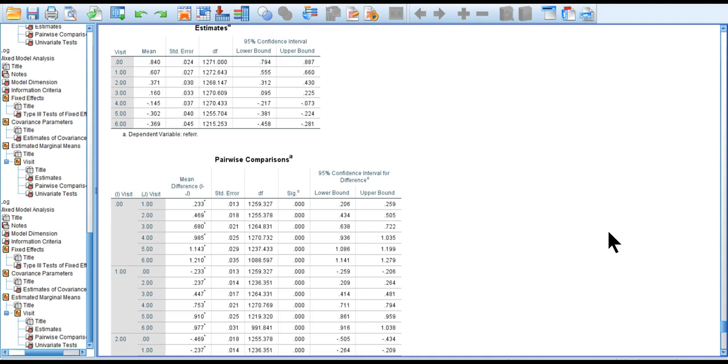Now, whether or not everybody has to be different is another question. So you might want to go with a simpler model that may not be quite as good a fit, but you definitely want to do a model that's reasonable. So those first ones where it only looked at the difference in variance, or it said everybody was exactly the same and there was no correlation between visits, that just didn't make sense. So here we have a better fitting model, and it's a good one to add on. So that's covariance structure.